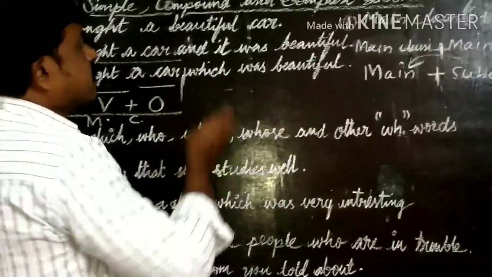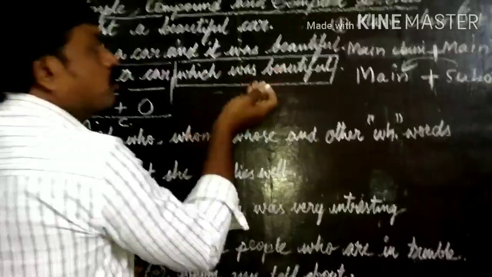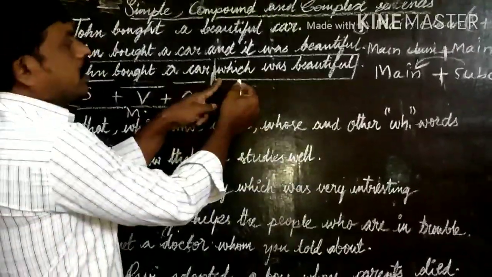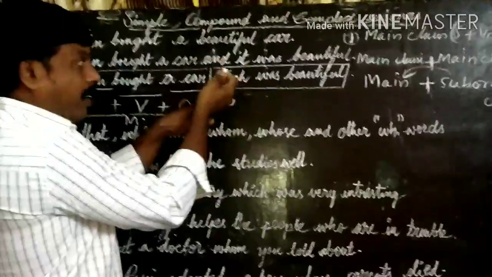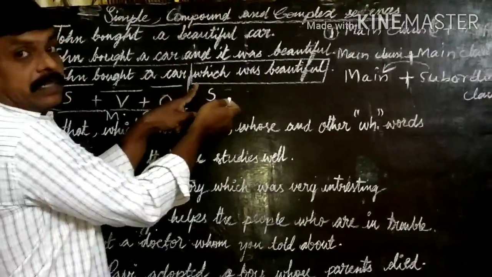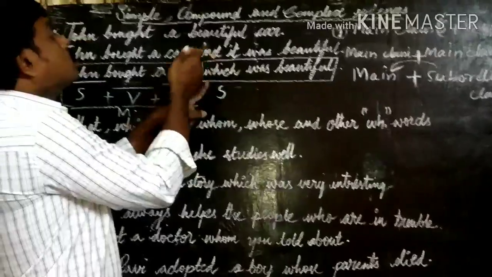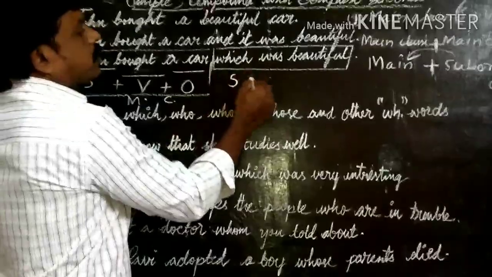Whereas, see, "which was beautiful." Which here is, of course, a subordinate conjunction or a relative pronoun, made as a subject, and it also connects these two. It connects this subordinate clause.